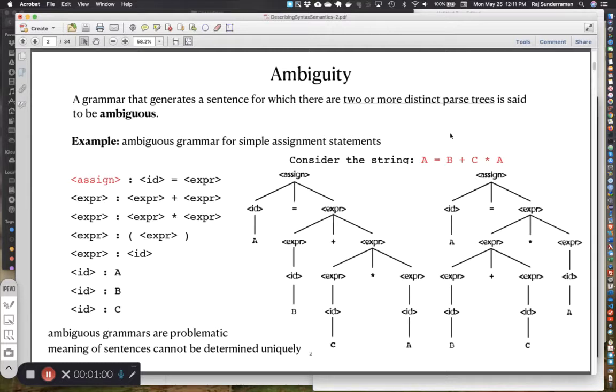Some of them are non-terminal symbols representing higher-level abstractions of the programming constructs, and the terminal symbols, which correspond to the tokens of the language. And one of the non-terminals is designated the start symbol, and that's where all the derivations begin.